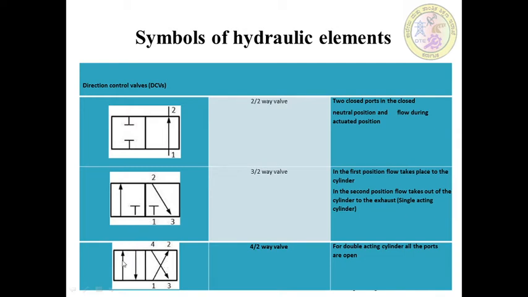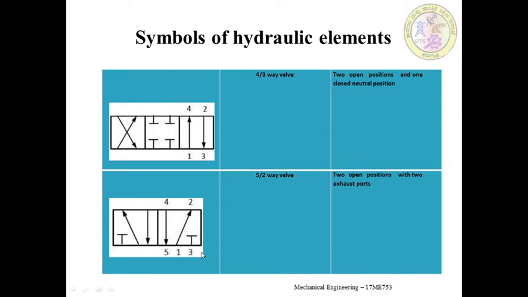In another position we have 4 to 3 and 1 to 2. In a 4 by 3 valve, the position can be determined as 2 working positions and 1 closed neutral position. You can see this image of the 4 by 3 valve.